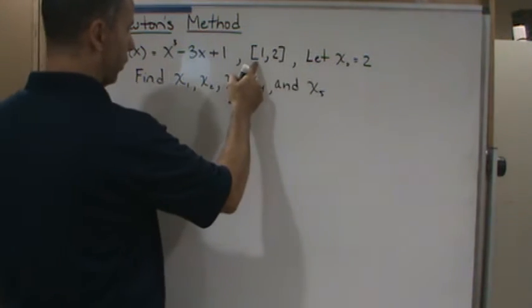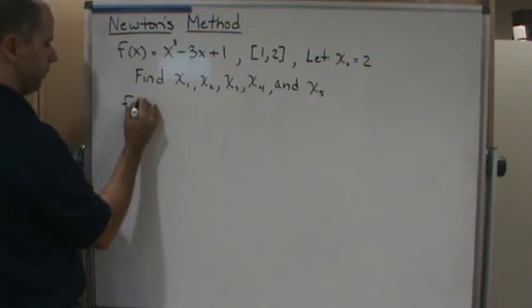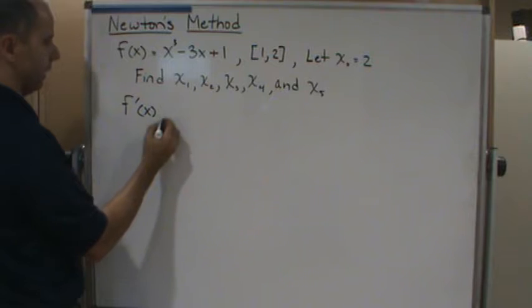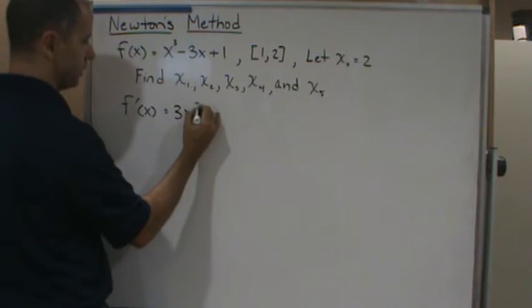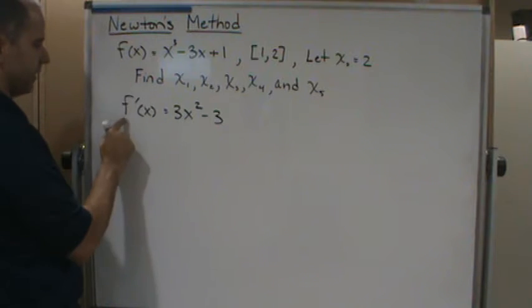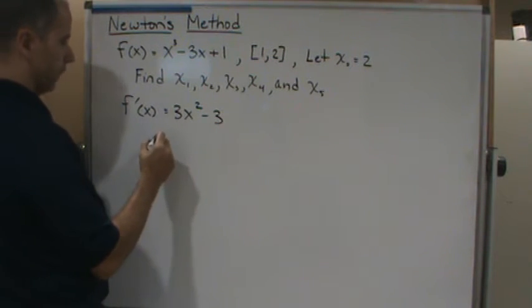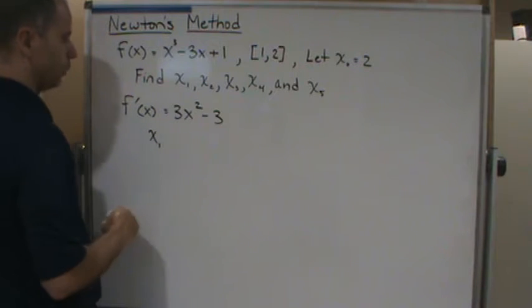So here's how we do it. We're going to go from 0 to 1, so here's f. Let's start with finding f prime of x, which is 3x squared minus 3. So we've got f of x and f prime of x. Now we're going to estimate x1.